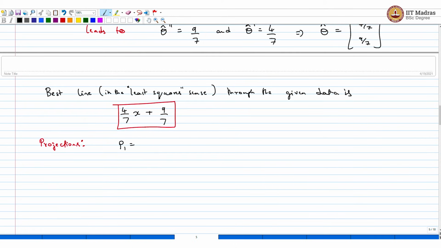What is P1, which is projecting the very first point? P1 would be 4/7 into something plus 9/7. The very first point is -1, which leads to 5/7. The projection of the second point, I am not going to give out the full thing, but it is 13/7, x is 1 there, and this one is 17/7 for x equals 2.